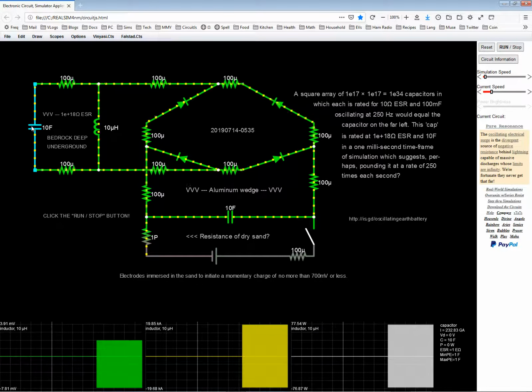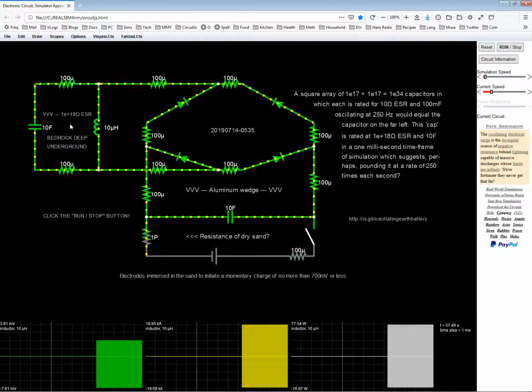Now, putting equivalent series resistance into caps is right away a phenomenal event, because when you look at the math, when you put equivalent series resistance into a coil, it's an additional contribution of positive resistance. But when you put equivalent series resistance into a capacitor, it's a negative resistance.